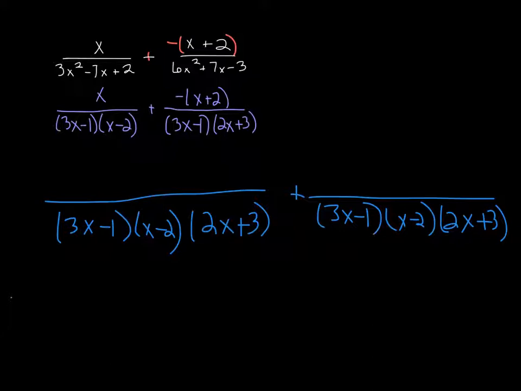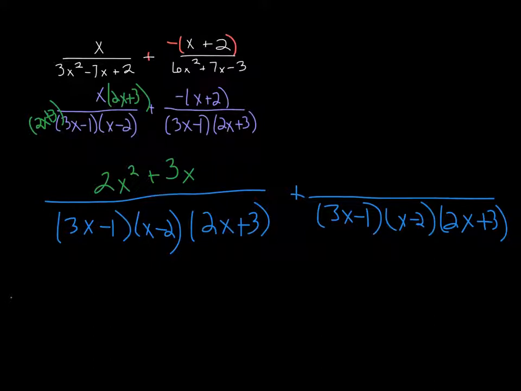So now let's see what's missing so that we know what to multiply the numerator by. The first group, we have the 3x minus 1, we have the x minus 2. We don't have 2x plus 3. So let's go ahead and distribute that to x squared plus 3x.